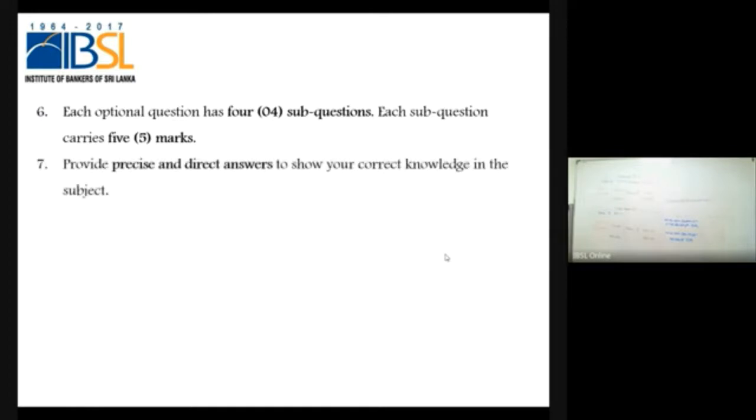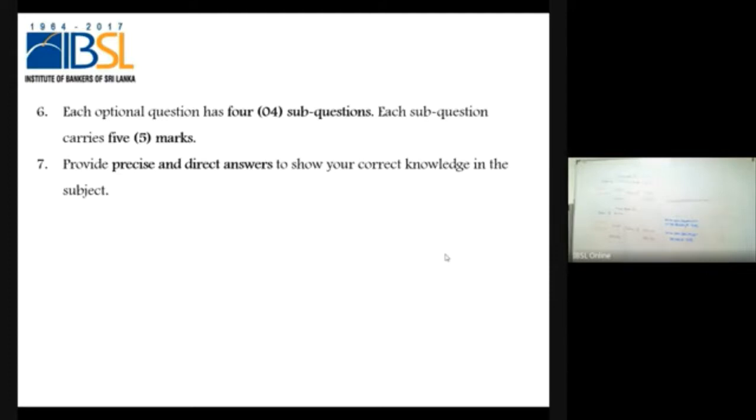Then, very importantly, you have to provide precise and direct answers. You can't be writing pages and pages to explain something. It won't help you. The examiner will not be very keen to look at your answers for pages and pages.